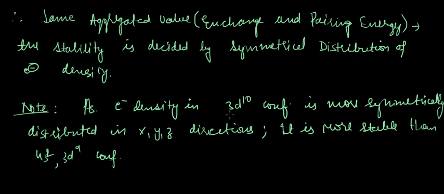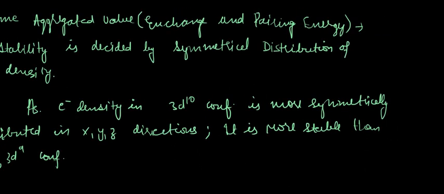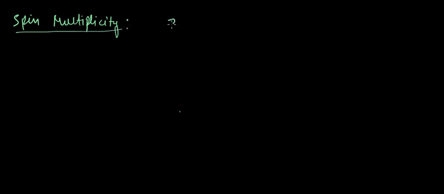Okay, so now let's take a look at spin multiplicity, which is nothing but 2 mod of S plus 1, where S is the spin quantum number.